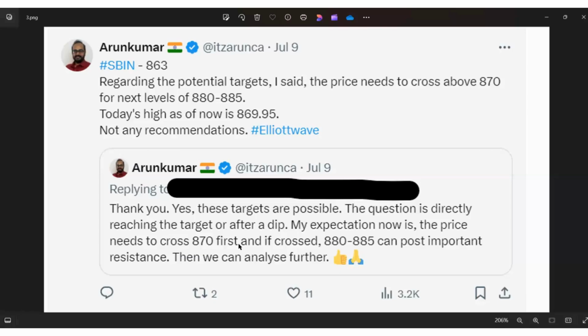So each and every level is important. So 870 first, okay, this is what I said. And see, after that, the price declines, okay. 870 is to be crossed, and today's high as of now is 869.95. See how the precise levels are working.